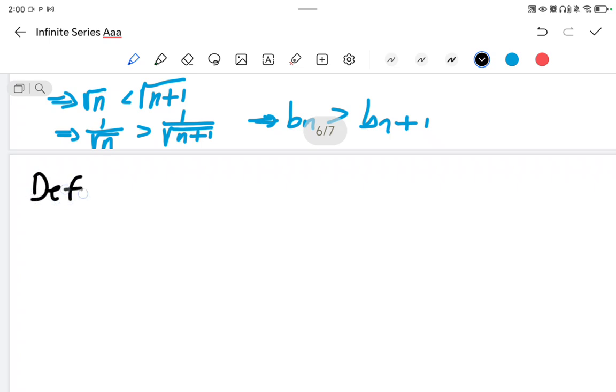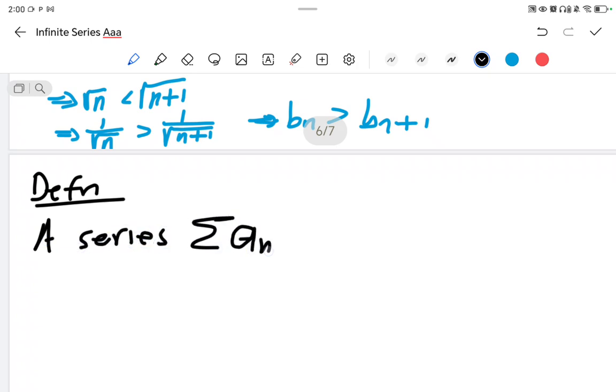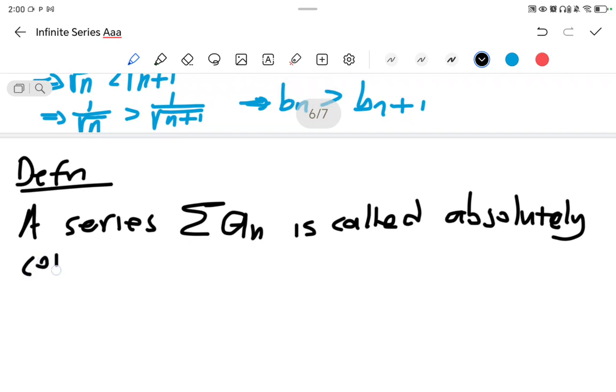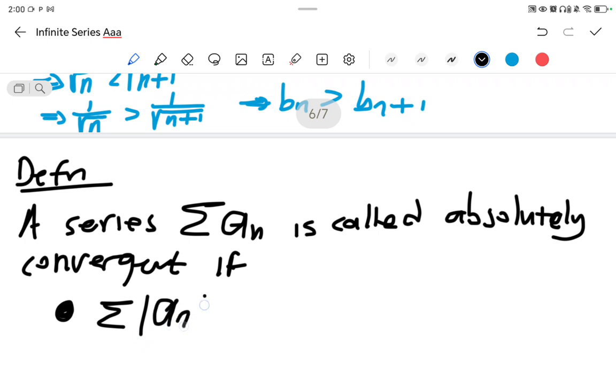So to give a definition for that, we can say that if we have a series of a of n, this series is called absolutely convergent if the summation of the absolute value of a n is convergent.